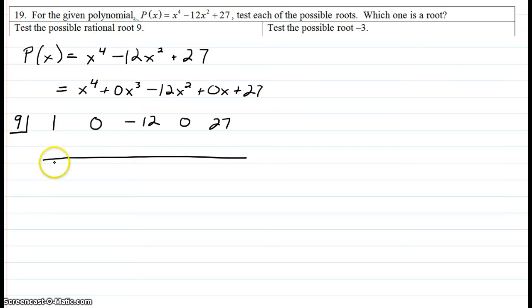And so you bring the 1 down, and now multiply it, 1 times 9. 9 times 9 is 81.